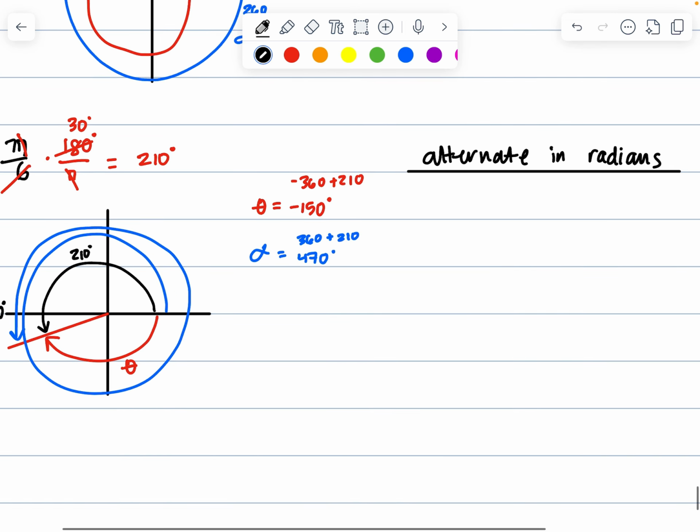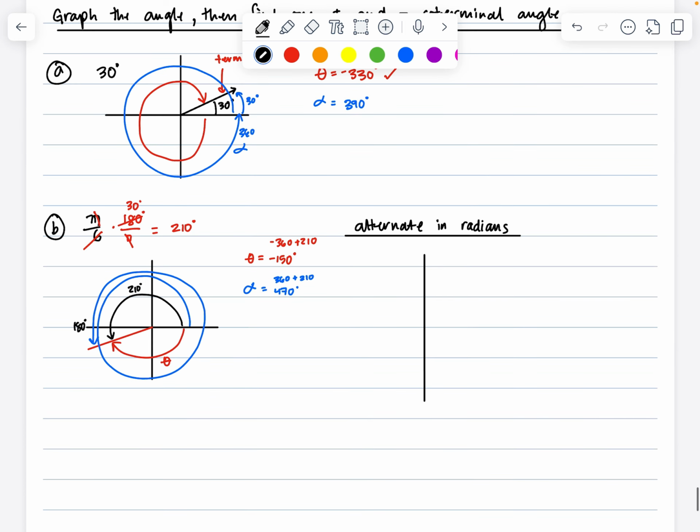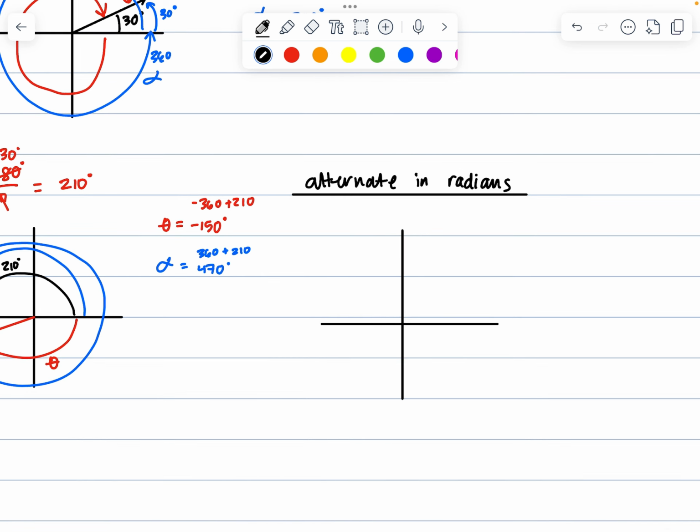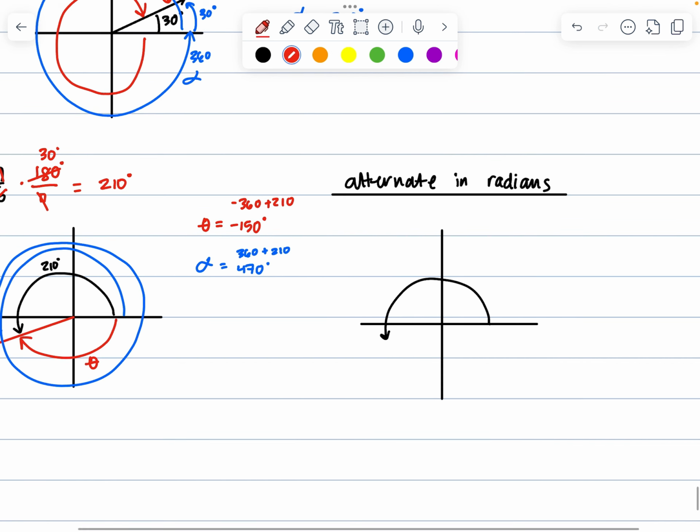Okay, so let's draw our circle again. All right, and we do know that our angle turned out to be 7 pi over 6.